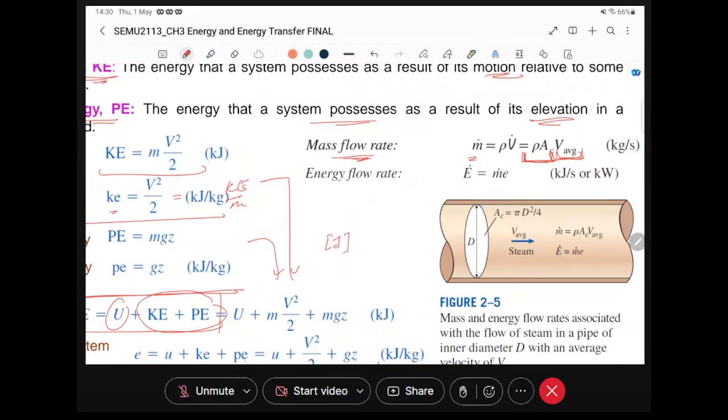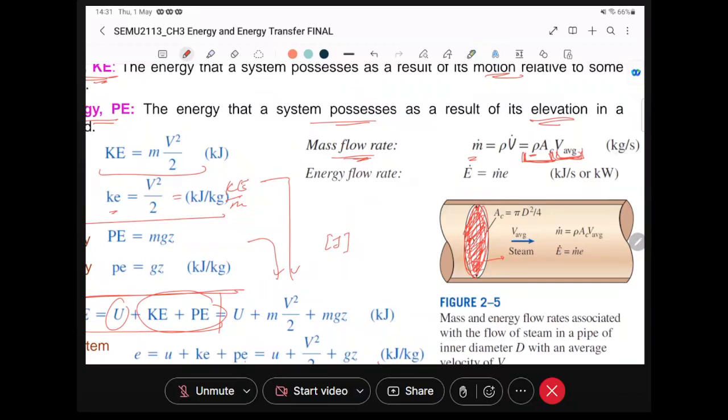So A is the area, and rho is density. So we know that for this area, how much is the density? That will give us the total amount of mass that will pass through it. Then how much velocity it is moving with.